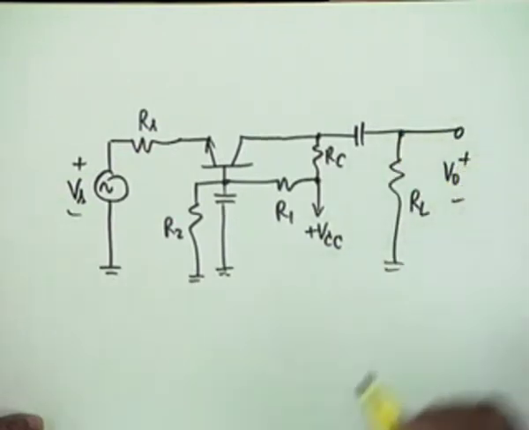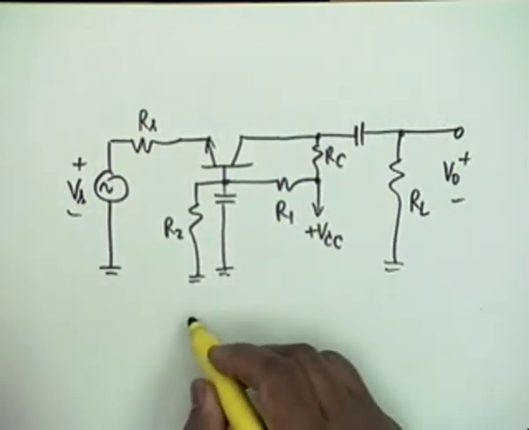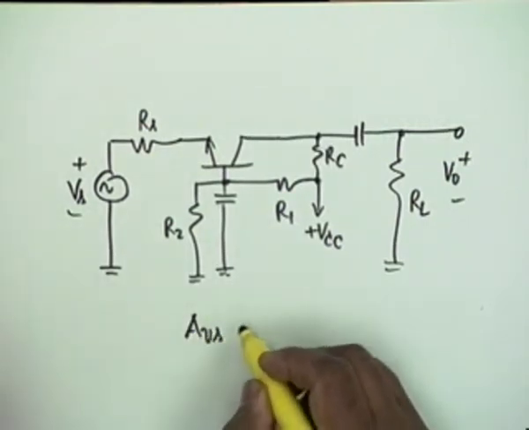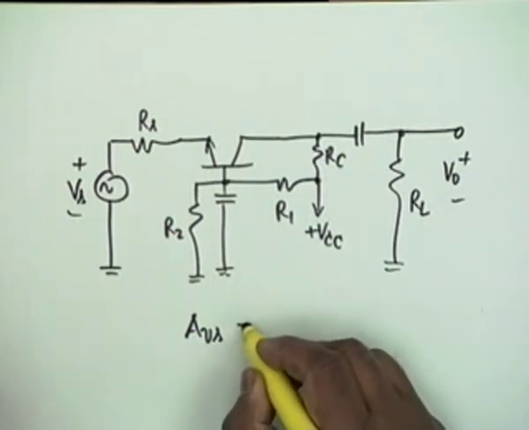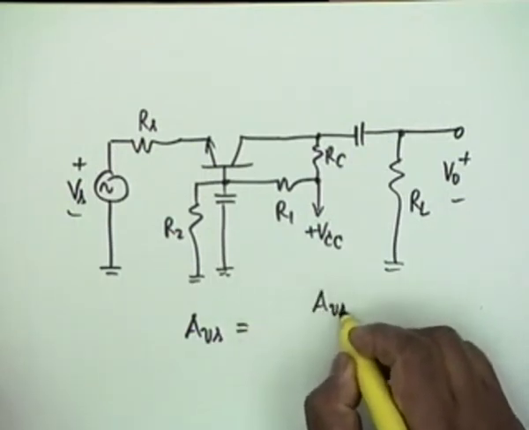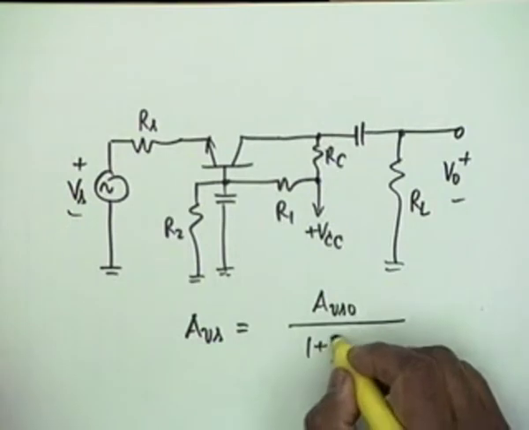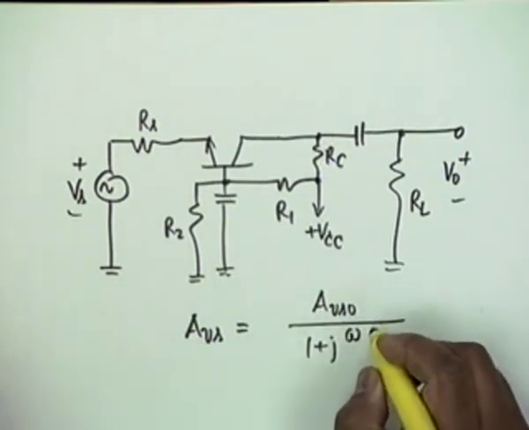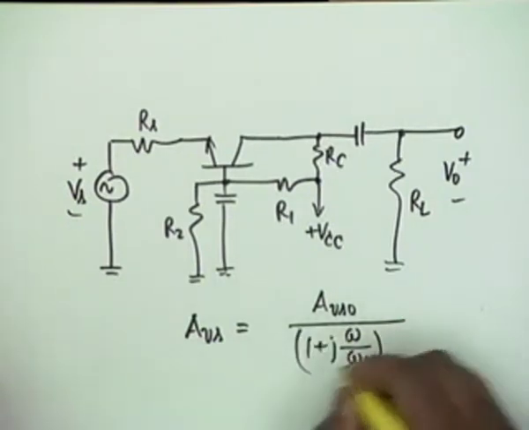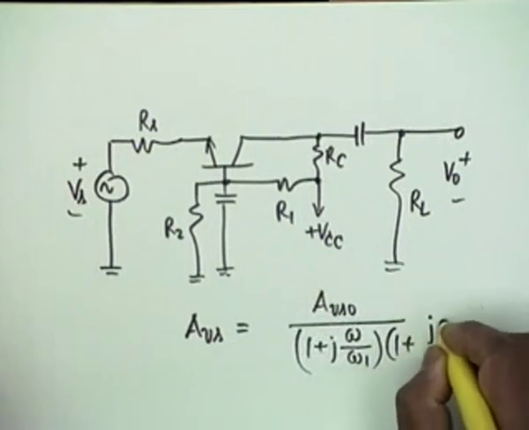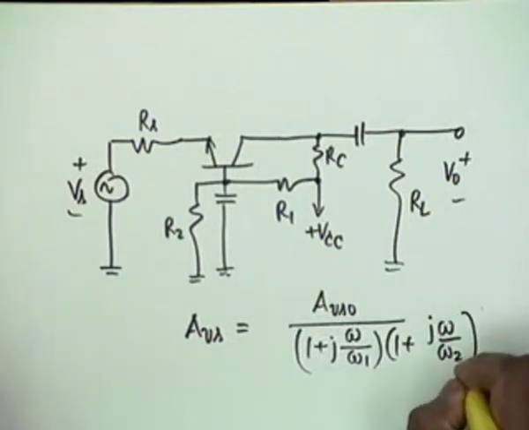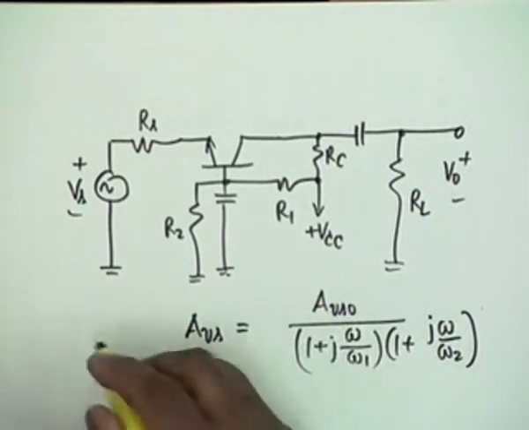This is V0. The question was to draw the high frequency equivalent circuit of this and show that AVS is of the form AVS0 over (1 plus j omega by omega 1) times (1 plus j omega by omega 2). That was the question, show.